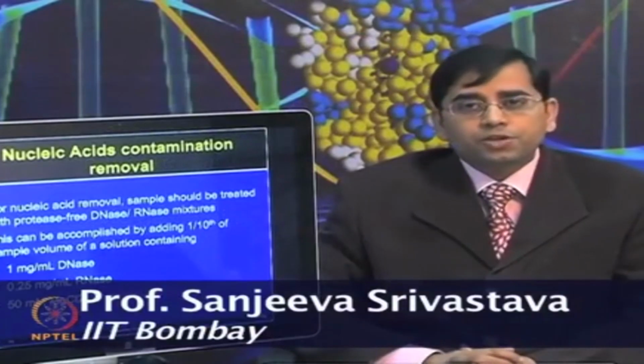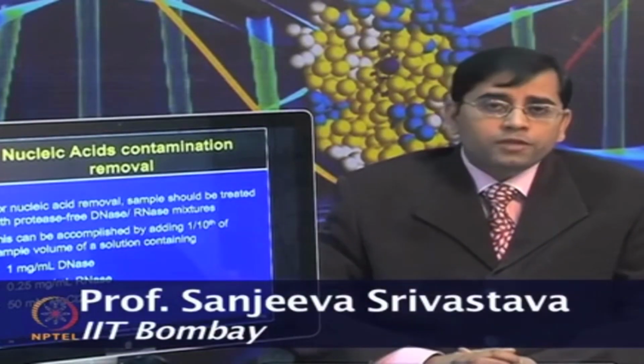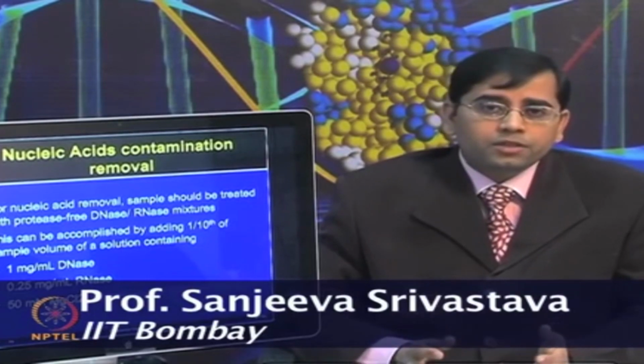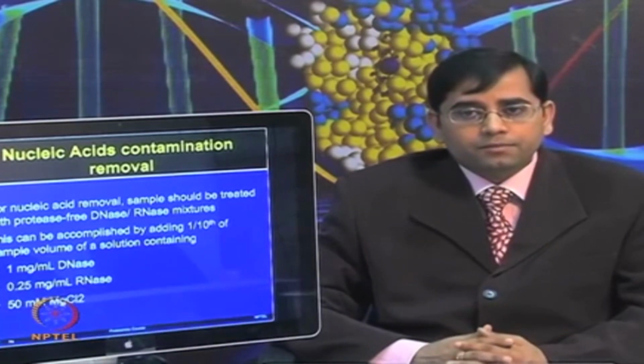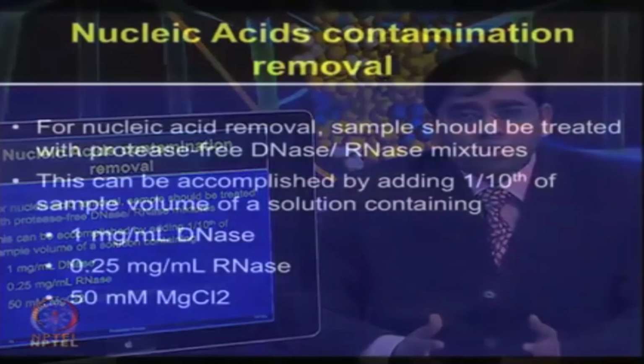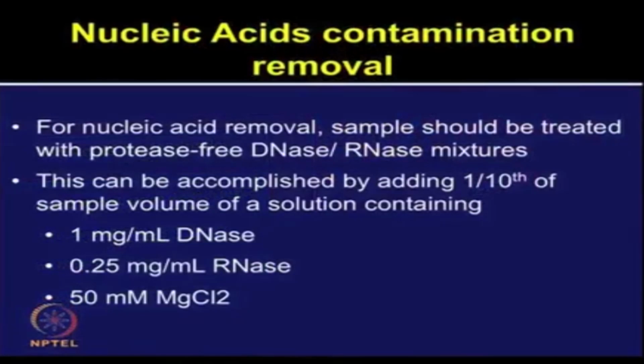So, how to remove the nucleic acid contamination? To remove the nucleic acid contamination, your sample should be treated with protease free DNase or RNase mixtures, and you can accomplish this by addition of 1/10 of the sample volume of the solution containing 1 mg per ml of DNase, 0.25 milligram per ml of RNase and 50 millimolar of magnesium chloride.